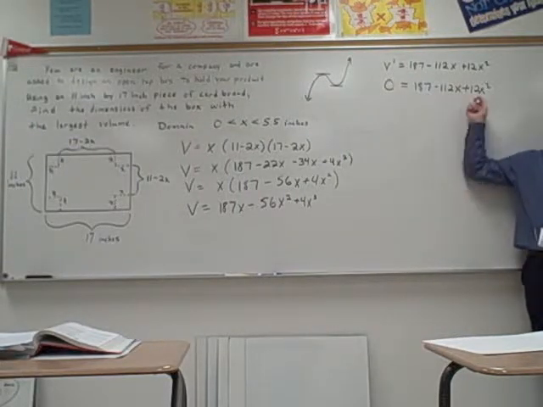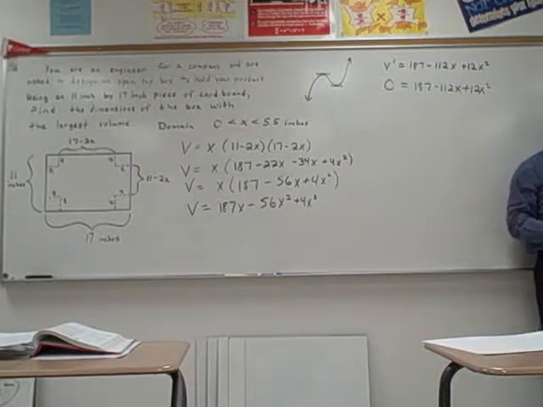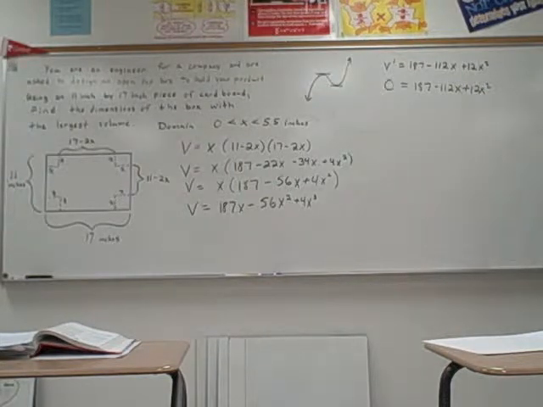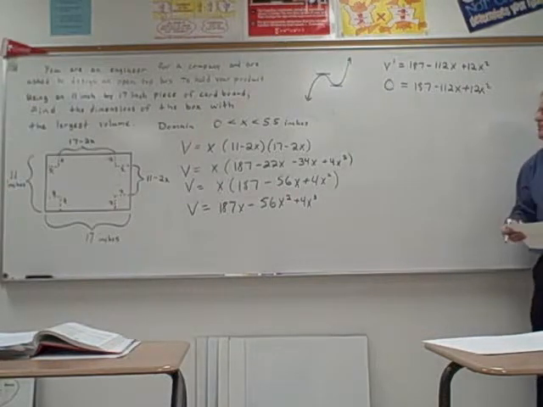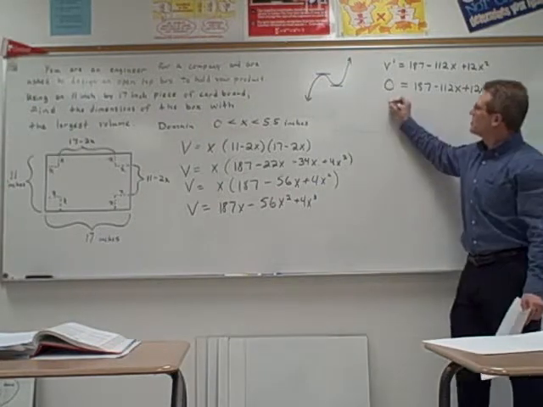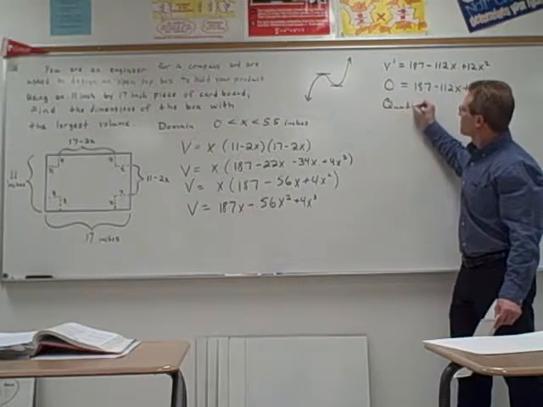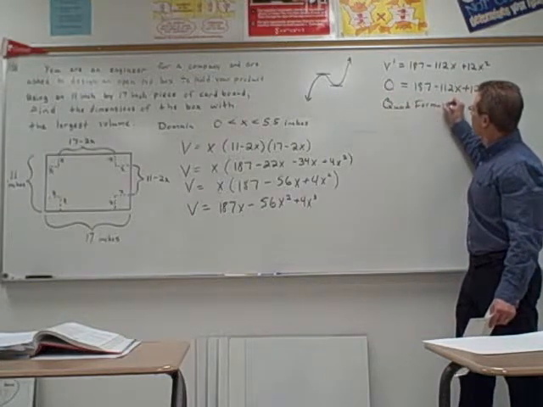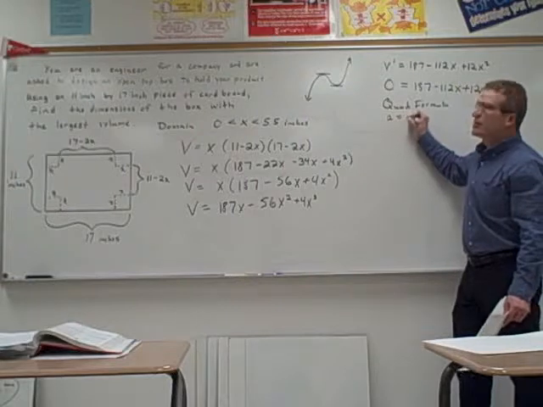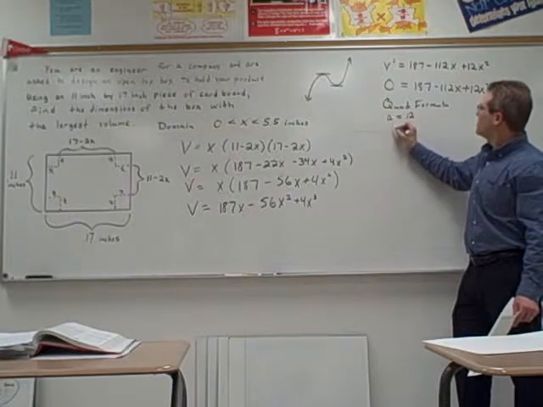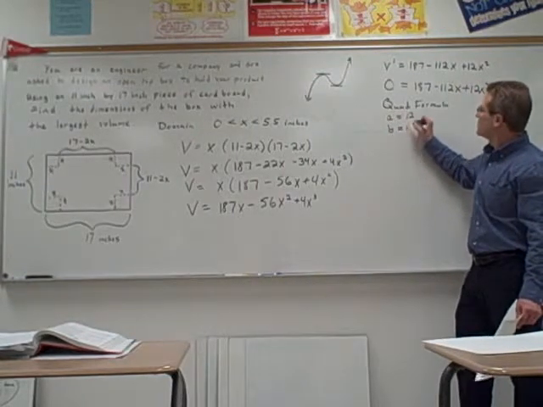What are some other ways to solve that equation? Quadratic formula. The formulas are up there on the wall, or you have it on your calculator. Let's just do it on the calculator. So let's use the quad formula here. My A value would be 12. My B value would be negative 112.